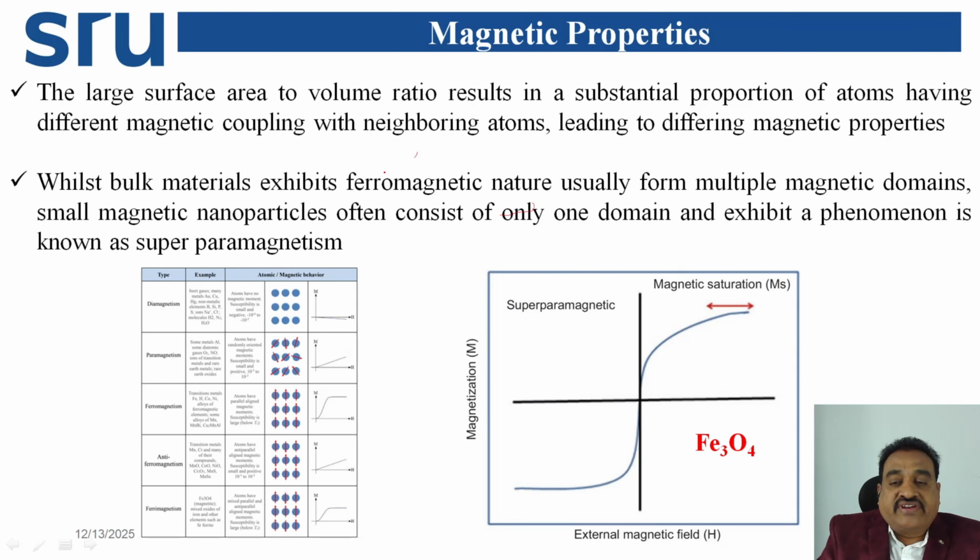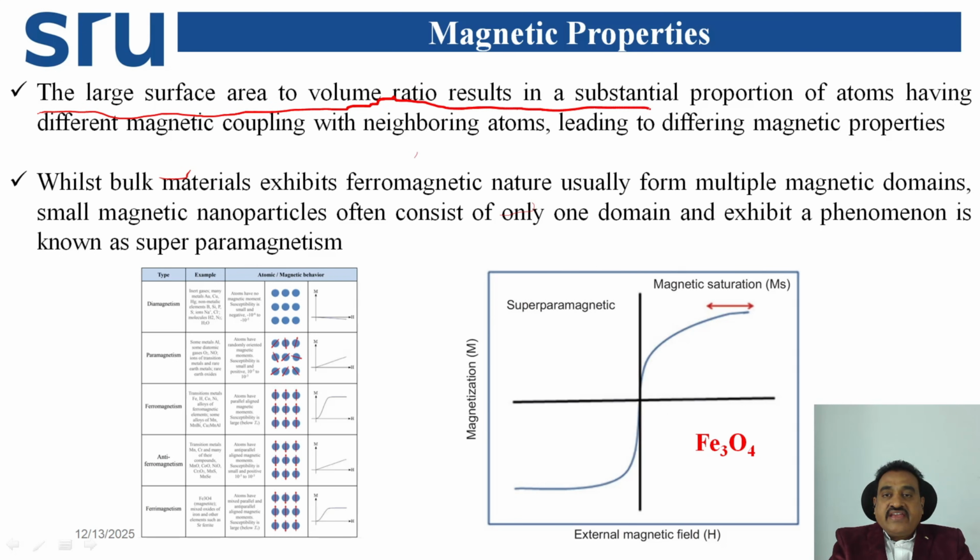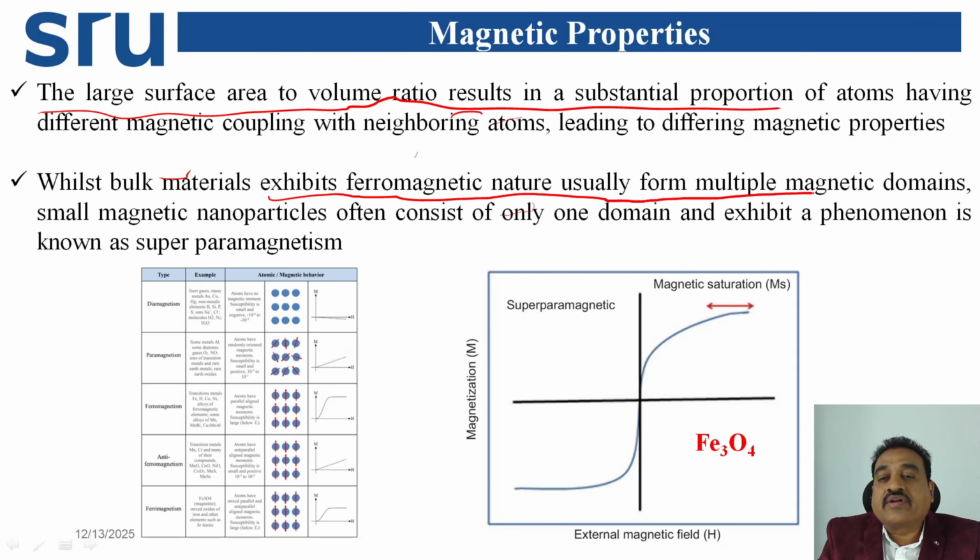Magnetic properties, try to understand here. The large surface area to volume ratio results in a substantial proportion of atoms having different magnetic coupling with neighboring atoms, leading to different magnetic properties. Bulk materials exhibit ferromagnetic nature, usually from multiple magnetic domains.